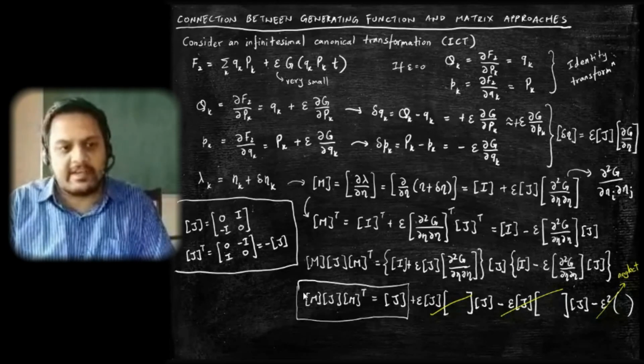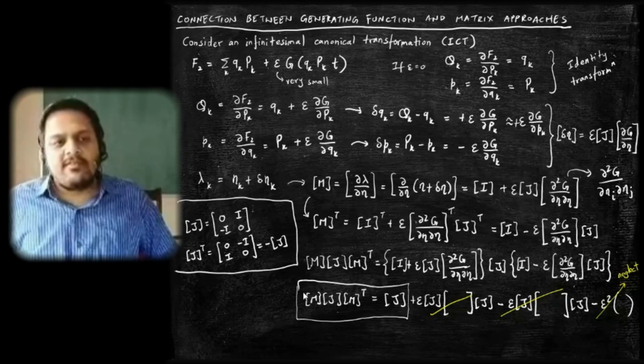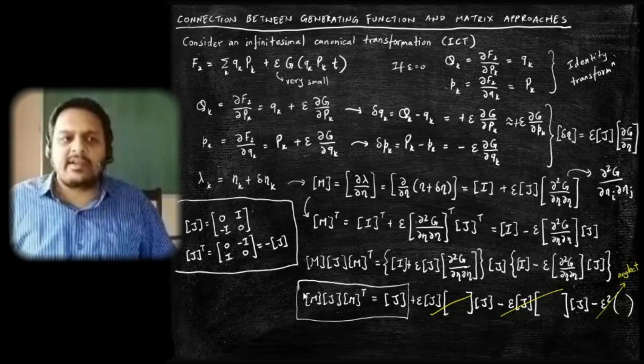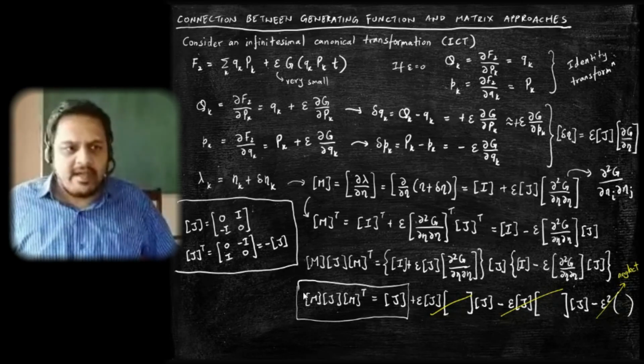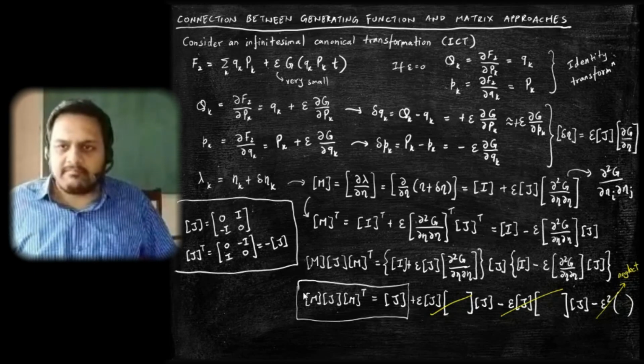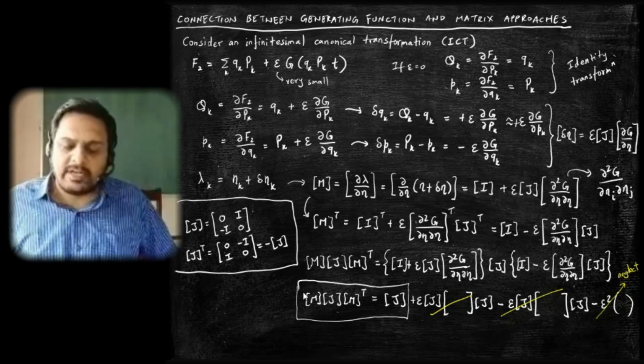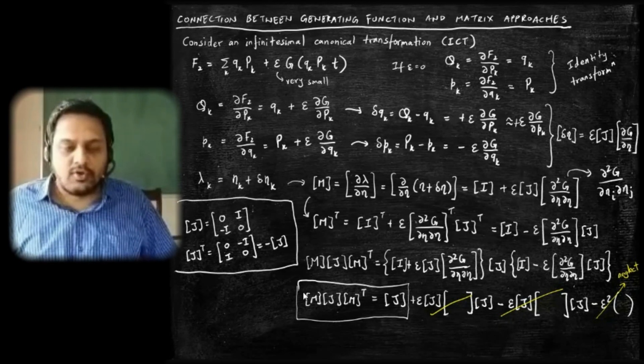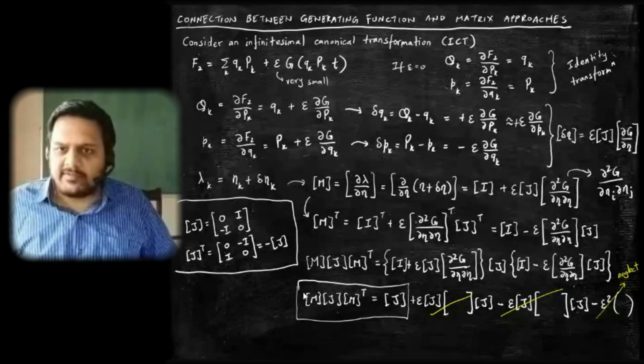So basically, anything generated by any type of generating function will always be a canonical transformation within this framework. And we have understood all of these aspects of this particular domain of canonical transformations. This is the basic summary of what we have achieved.